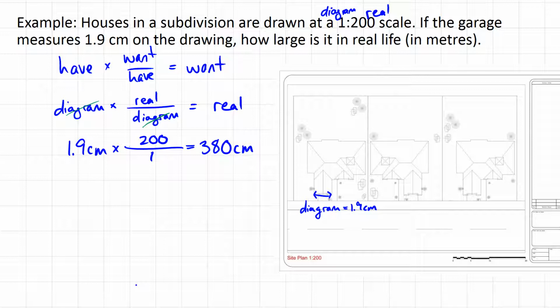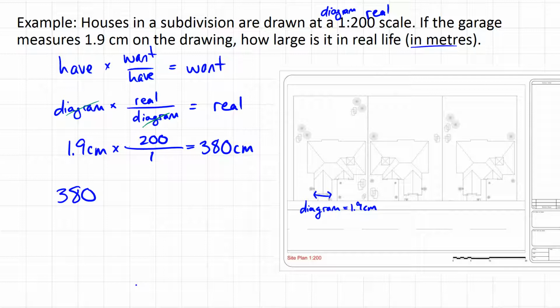In the context of this problem, that should make a lot of sense, because we're trying to figure out the real life length, or width, of a garage. So now we know that the garage in real life is 380 centimeters, only we want to turn that into meters because that's what we were told to do in the problem.